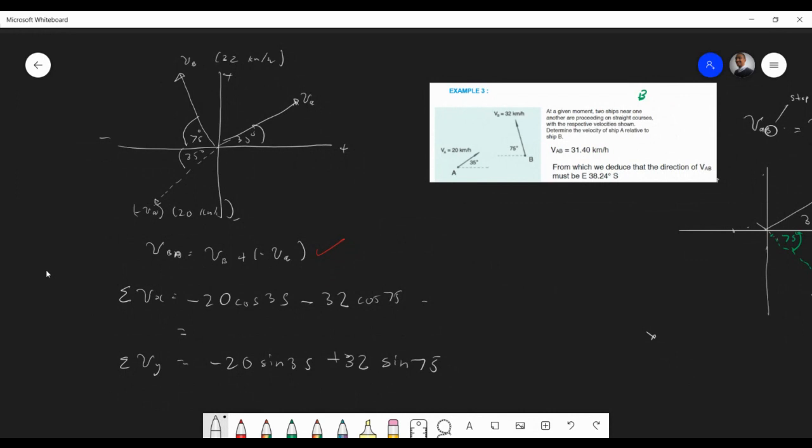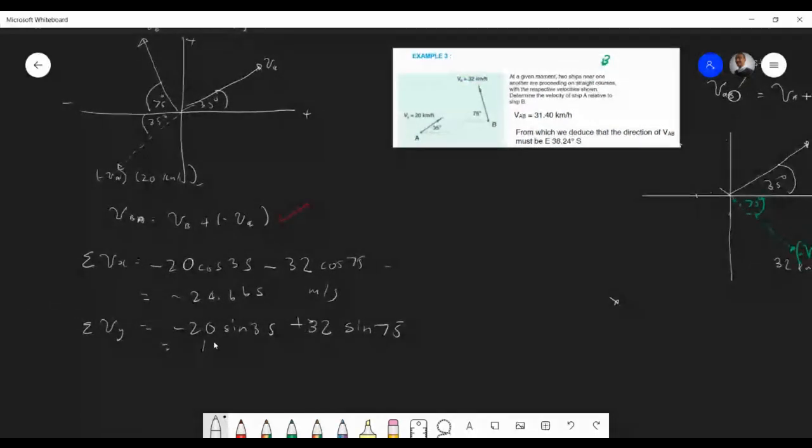100%. So I'm just making sure you got the directions there. That's very important because otherwise you'll be wrong. I cannot mark you right if you mess up your directions. So that's minus 24.665 meters per second. The second one is minus 20 sine 35 plus 32 sine 75, which is 19.438 meters per second.